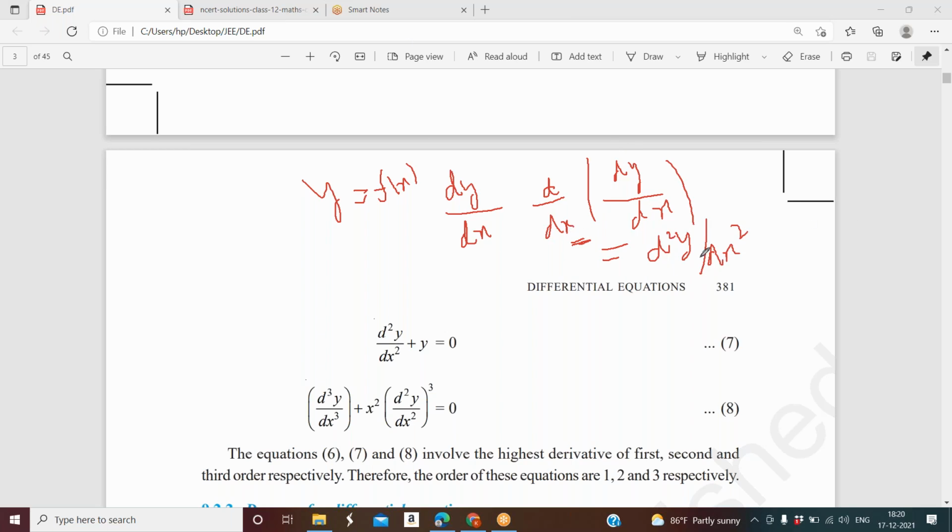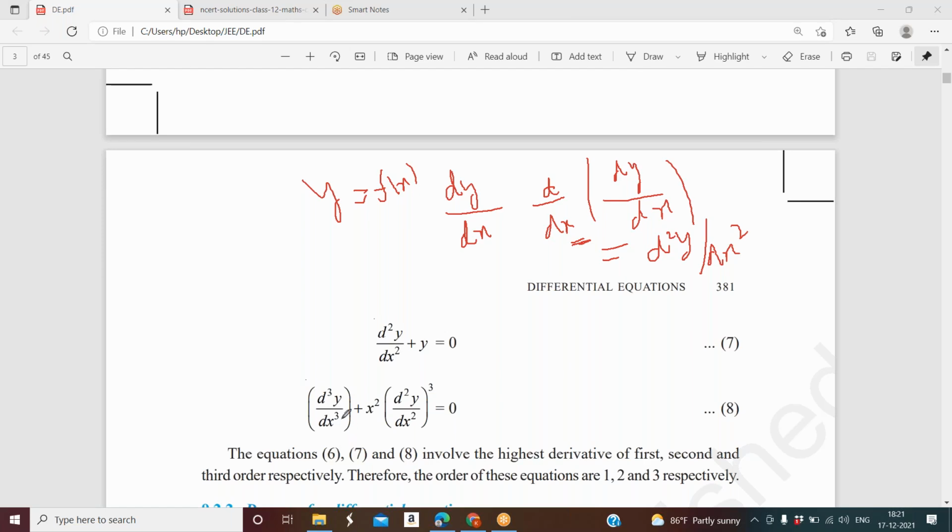I will get d square y by dx square. So this is known as the second order derivative of y with respect to x. That is what is given in equation number 7. Now come to the 8th equation. What is given here? d cube y by dx cube.